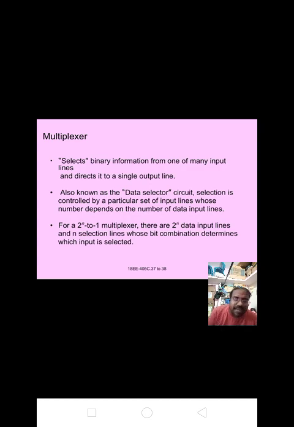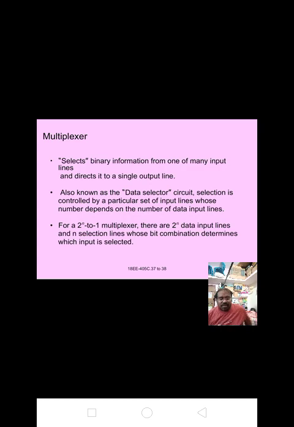Once again, I am repeating the multiplexer definition. It is a logic circuit that has several data input lines and a single output line. Next one is the definition of demultiplexer. A demultiplexer is a logic circuit that receives information on a single line and transmits the information on several output lines.